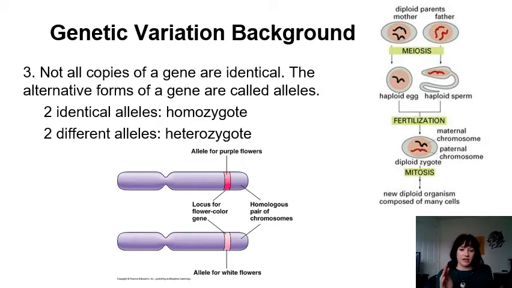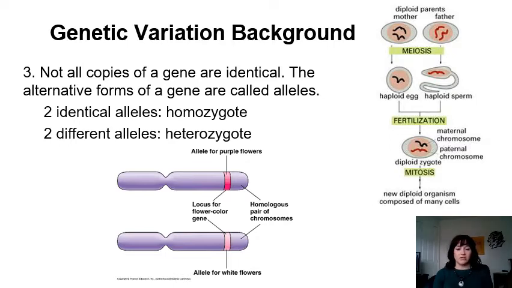And we're just looking at one specific gene on this chromosome, the gene for flower color. That's what's shown in that little stripe on the chromosomes. One parent has provided the gene with the variant that produces purple flowers on top, and the other parent has provided a gene with the variant for white flowers on bottom.